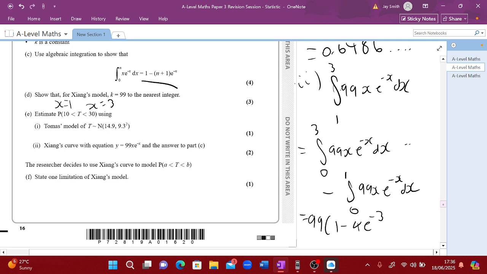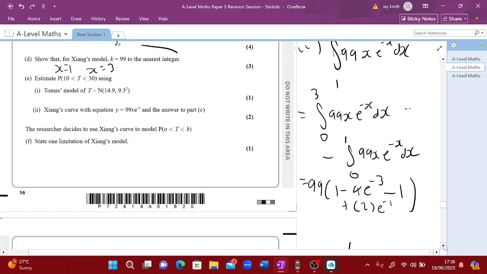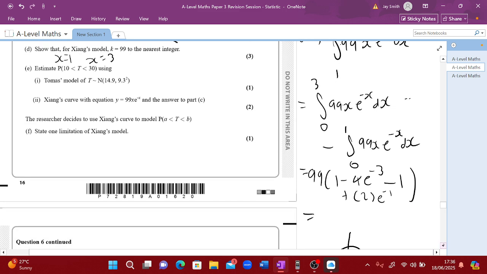And we're going to take away, when we plug in n is 1 for the second integral, 1 minus 2e to the minus 1, since n plus 1 is 2. And so if we compute that in the calculator, we're going to get the result.